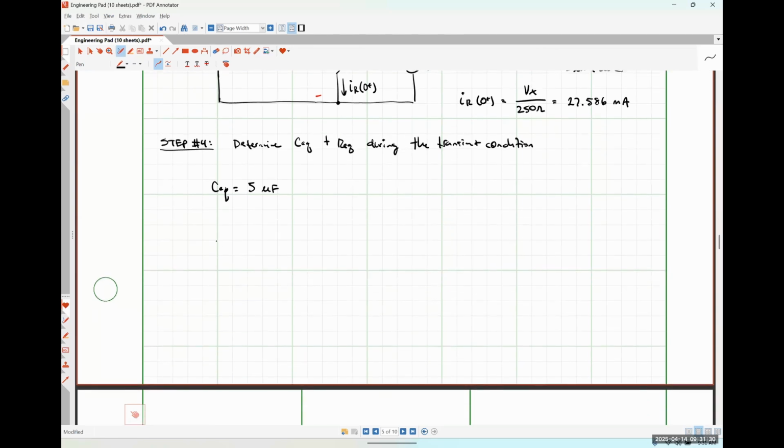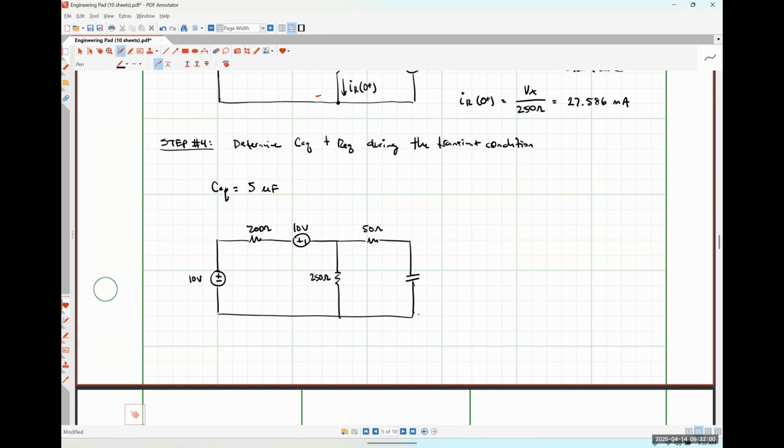So I'm just going to draw the circuit out here. 10-volt source, 200 ohm resistor, 10-volt source, 250 ohm resistor, 50 ohm resistor, capacitor, right? I'm finding the Thevenin equivalent resistance with respect to the capacitor.